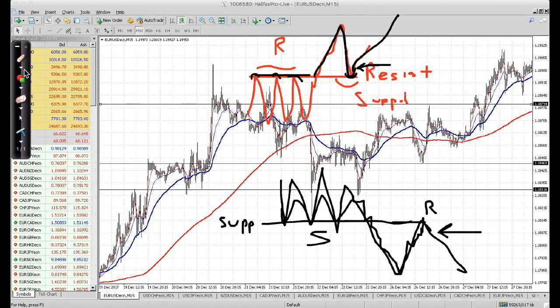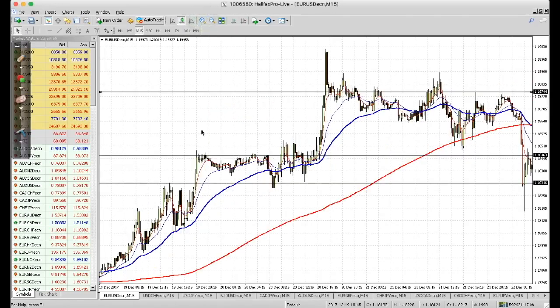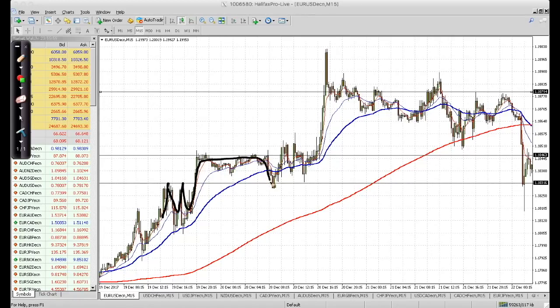So let's take a look at that phenomenon on this chart. Do we have that phenomenon? Okay, so as you can see here, this resistance broke out and became support. Can you see that?